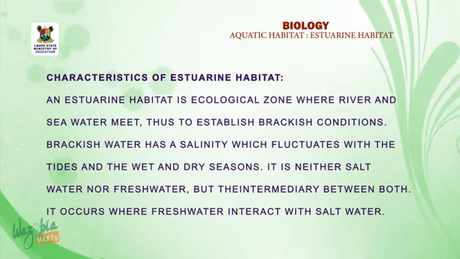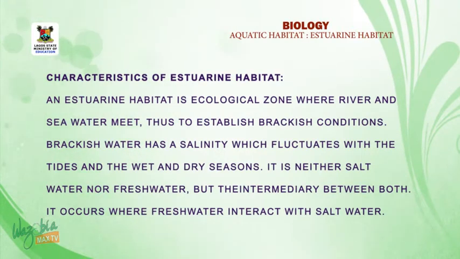Brackish water has a salinity which fluctuates with the tides and the season, that is the wet and dry seasons. It is neither salt water nor fresh water, but the intermediary between both, which means it occurs where fresh water interacts with salt water.